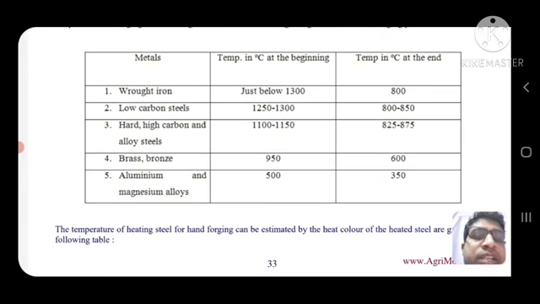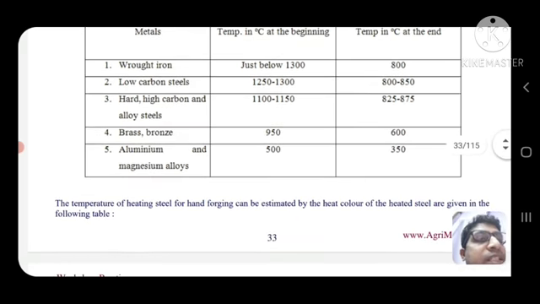One is wrought iron, temperature in degree centigrade at the beginning 1300, and at the end 800 degree centigrade. Two, low carbon steel, 1250 to 1300, and at the end 800 to 850.